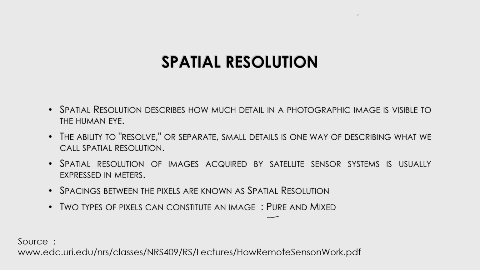A pure pixel is one where only one kind of geographical feature is encountered. However, when different types of geographical features are encountered in a single pixel, it becomes mixed. So both the area encompassed by the pixel, greater spatial resolution will be received.